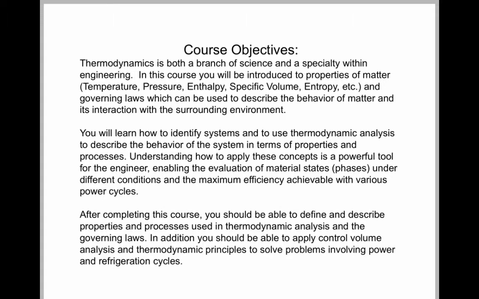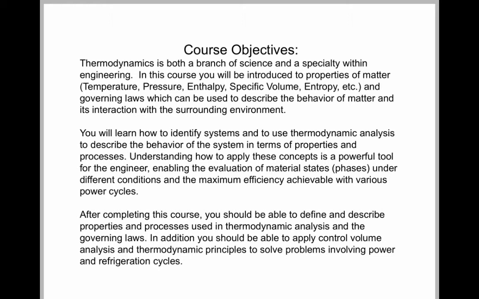So after completing the course, you really should be able to define and describe properties and processes that thermodynamic analyses use. You should be able to apply the control volume analysis in order to figure out what type of steam and mass flow rate I need to run a turbine to generate 1,000 megawatts, and I can figure out how much energy, as far as coal or oil, I need in order to do that.